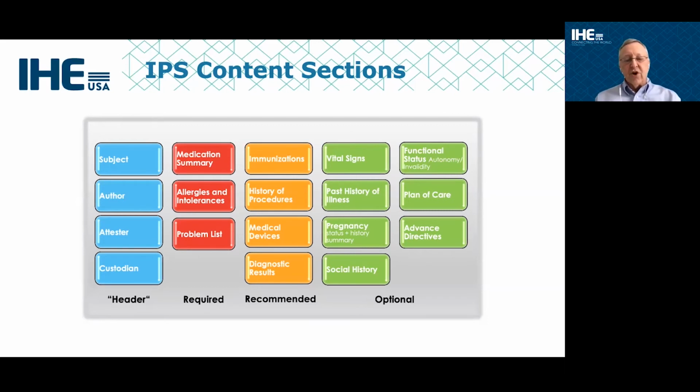But in addition to those, we also have a set of optional sections, which you can see there, and you can include data on a number of other important things, including pregnancy and various social history and care plans and so forth. And there's also some additional flexibility where IPS can accommodate data that's not necessarily explicitly designed for, but it's left open to be able to accommodate future needs and additional needs that an individual might have. Next slide.